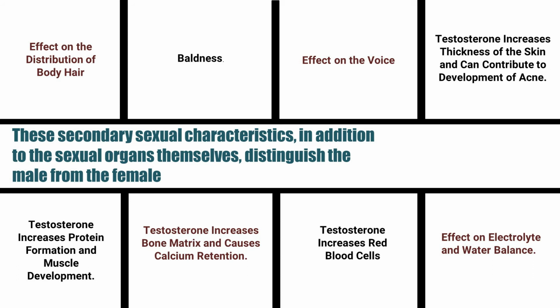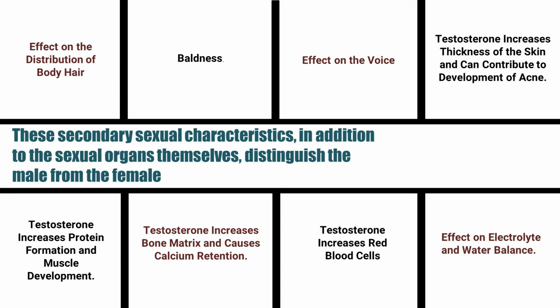Another is the effect on the voice. Testosterone secreted by the testes or injected into the body causes hypertrophy of the laryngeal mucosa and enlargement of the larynx. The effect causes at first a relatively discordant, cracking voice, but this gradually changes into a typical adult masculine voice. Next, testosterone increases thickness of the skin and can contribute to the development of acne.